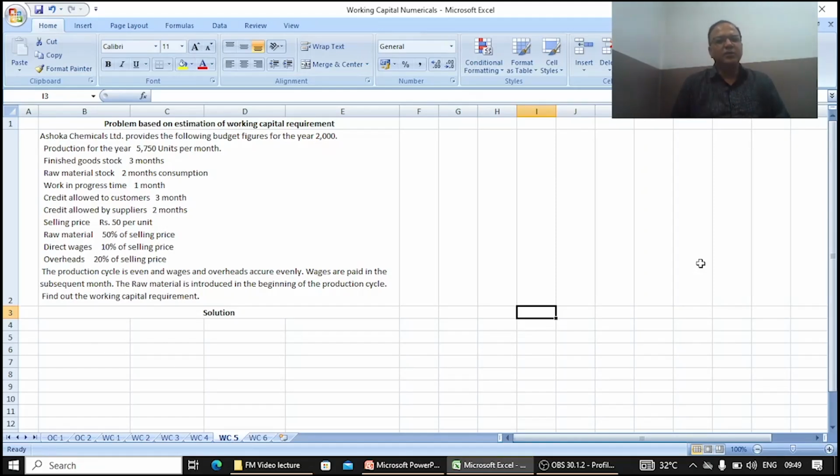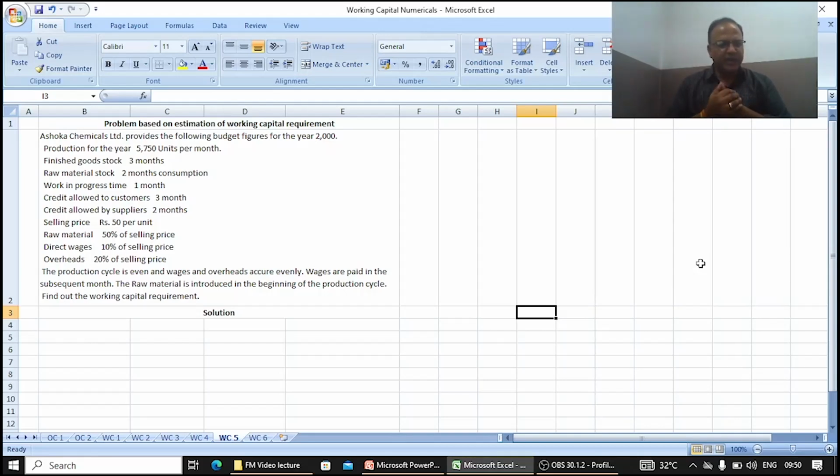Work in progress 1 month. Credit allowed to customer 3 months. Credit allowed by supplier 2 months. Selling price rupees 50. Raw material 50% of selling price. Direct wages 10% of selling price. Overhead 20% of selling price. Production cycle is even and wages and overhead accrue evenly.